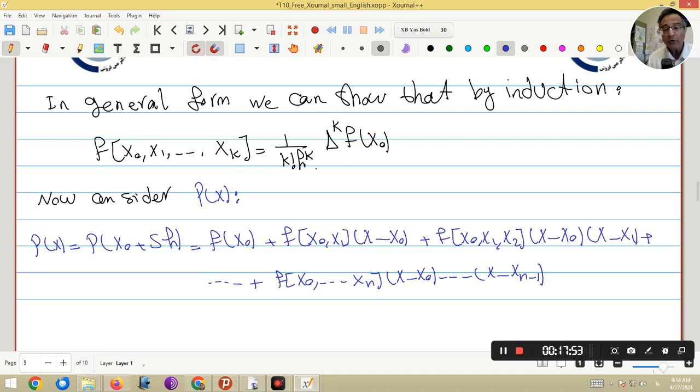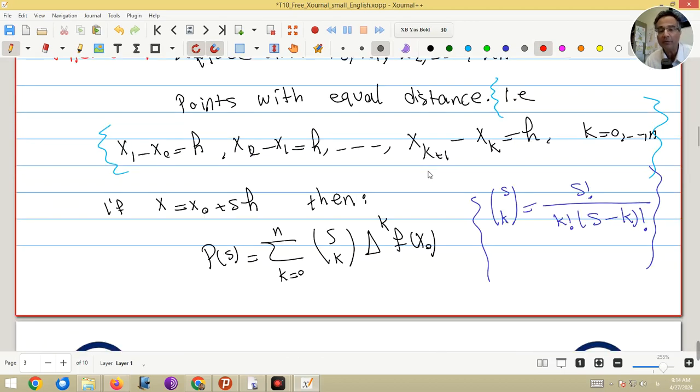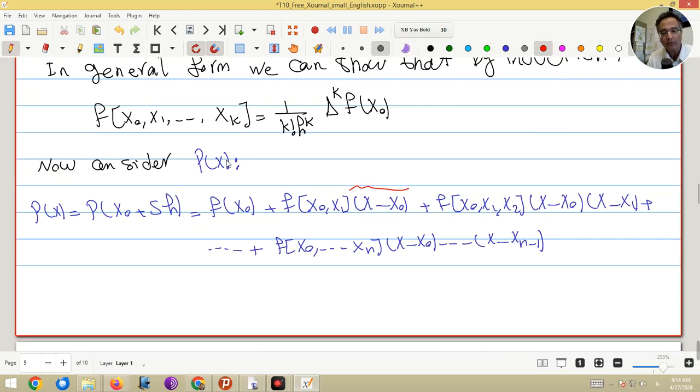Also, instead of x minus x0, if you put x equal to x0 plus sh, here x0 plus sh minus x0 will be sh.